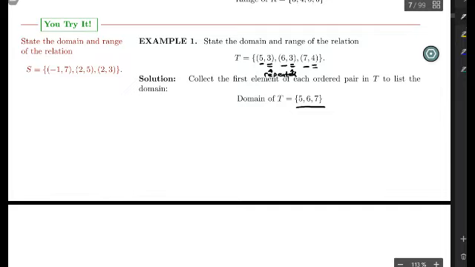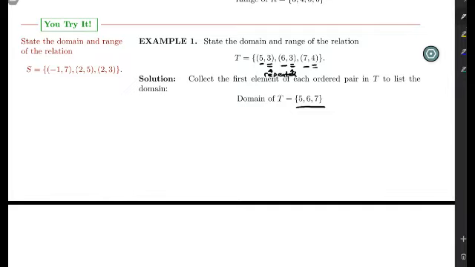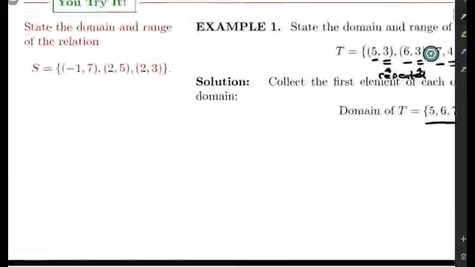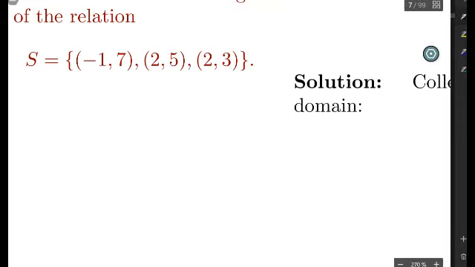Now we have a you-try-it over here, so let's try it together. State the domain and range of the relation S equals the set consisting of (-1, 7), (2, 5), and (2, 3). Our first elements are -1, 2, and 2.